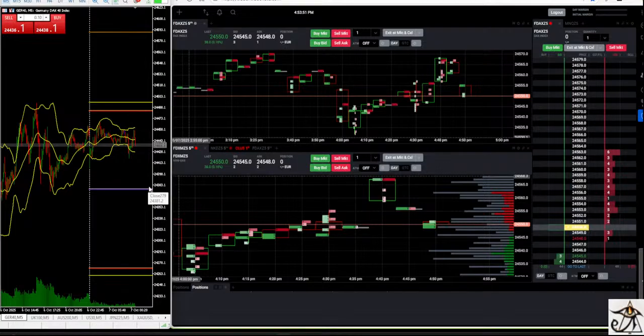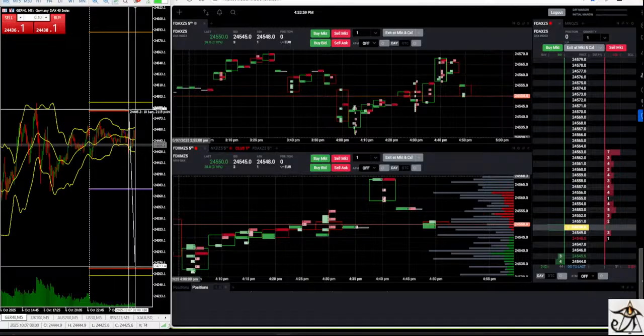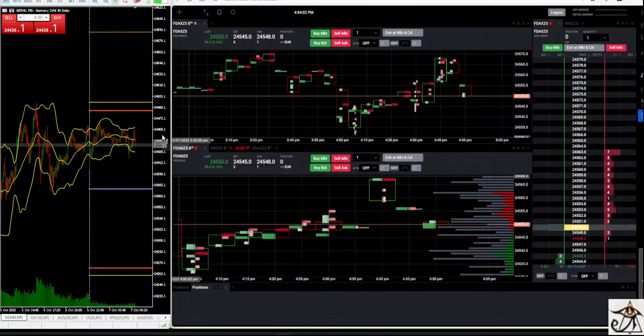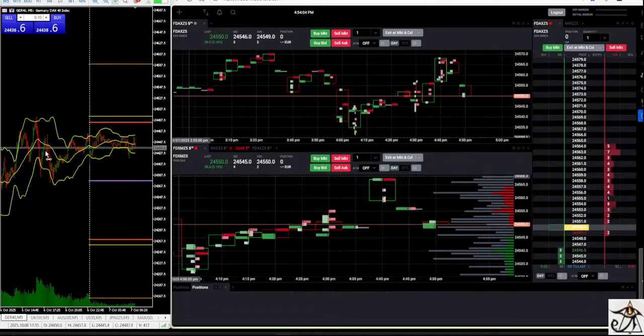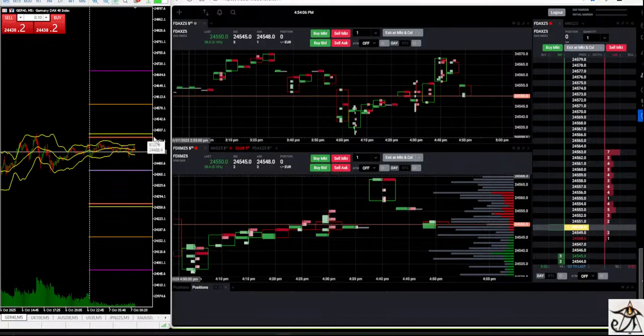A potential target would be the close, or even all the way down to this triple banding down here, about 200 points away. Massive potential movement if it comes off.